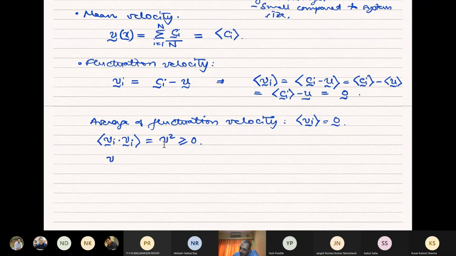So here V is nothing but the RMS velocity. In kinetic theory, if you did any kinetic theory of gases, this is nothing but the root mean square RMS velocity.